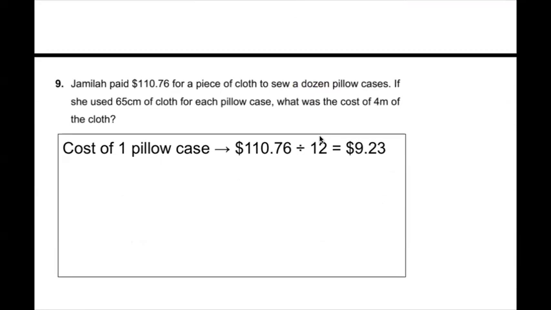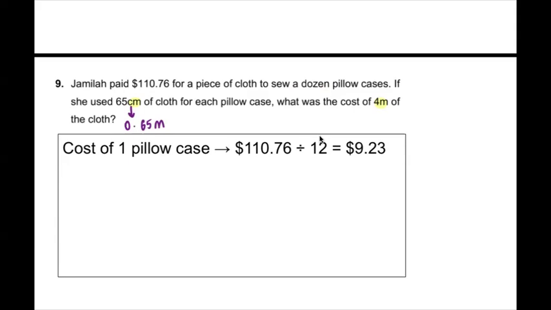Now this $9.23 is actually for one pillowcase, which is about 0.65 meters. Why do we need to convert it to meters? Okay, it is to ensure that the units are the same. All right, since you need to find 4 meters, so you just convert to 0.65 meters. Okay, leave it in the same unit.